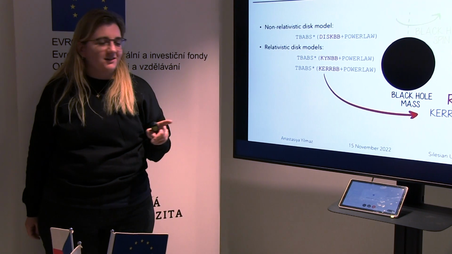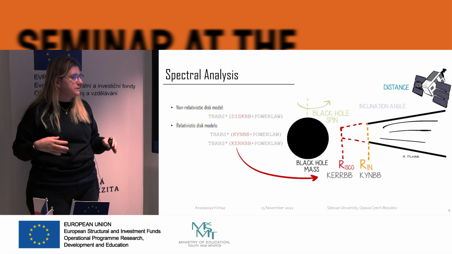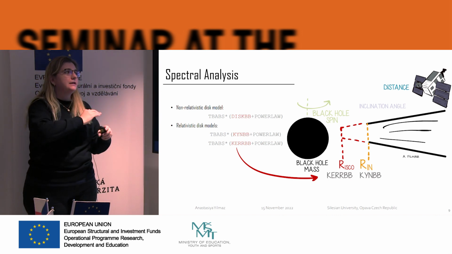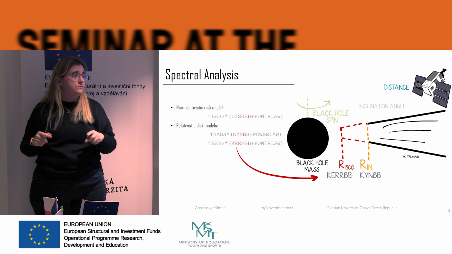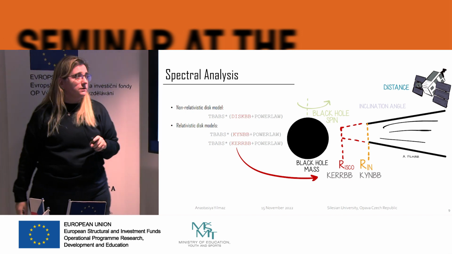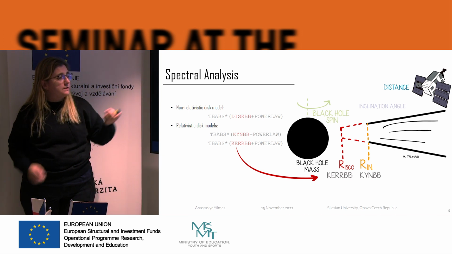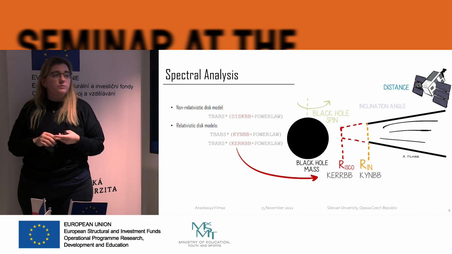The two models employ the ray tracing method to calculate the spectrum emitted from the accretion disk around the black hole, and it traces how the emission reaches the telescope. Both models have black hole spin, black hole mass, inclination angle and distance as common parameters.